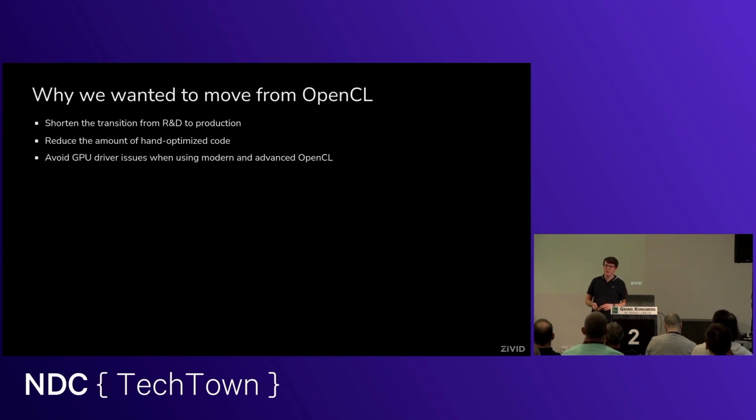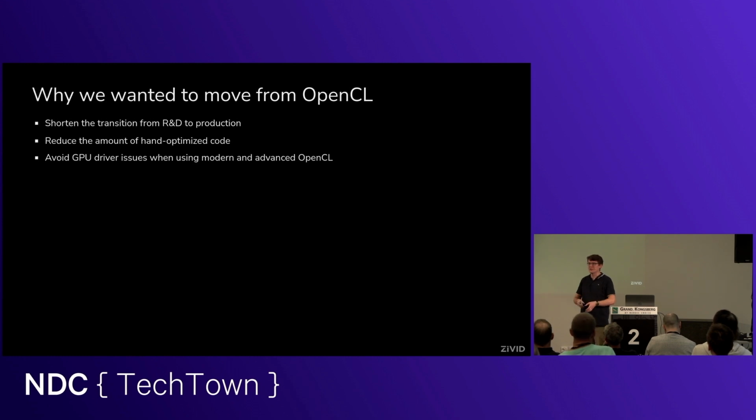We also wanted to reduce the amount of hand-optimized code we had to write, because that's always tedious and, as I mentioned, error-prone and harder to maintain. And what actually triggered looking for alternatives was that we saw issues with certain OpenCL drivers for even major vendors, especially when using more advanced and modern features.